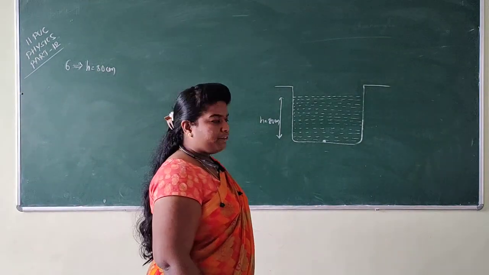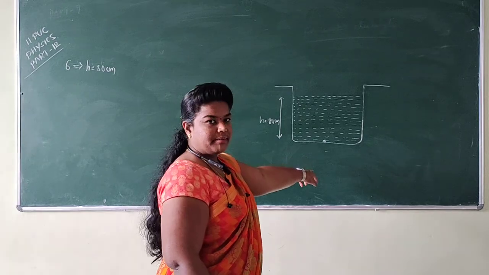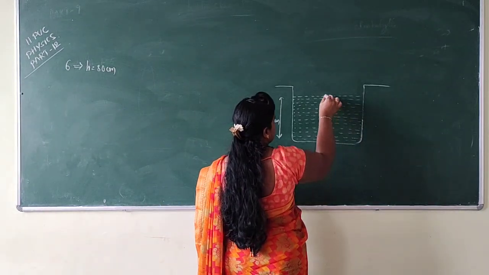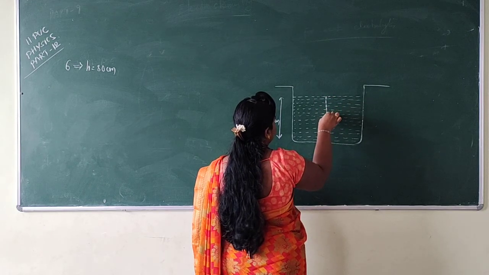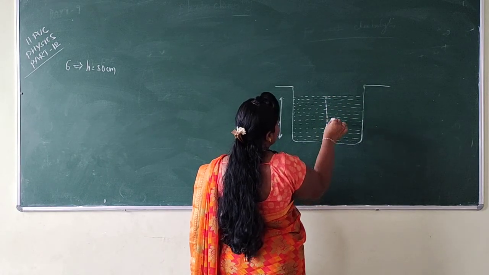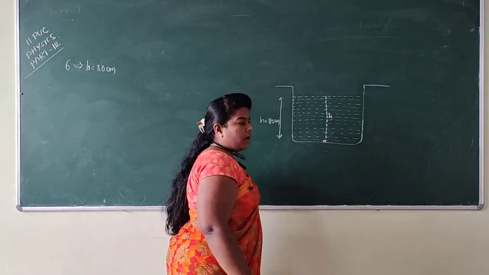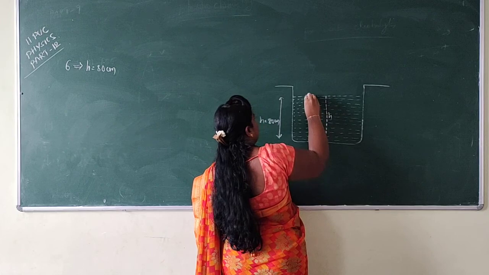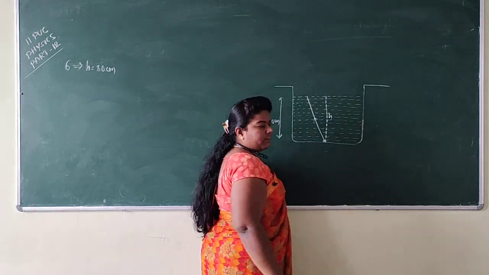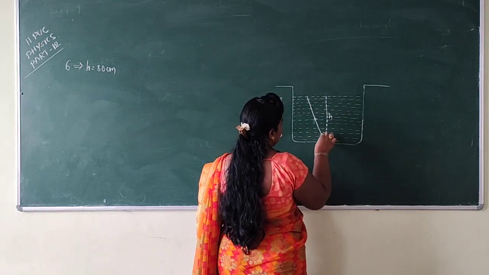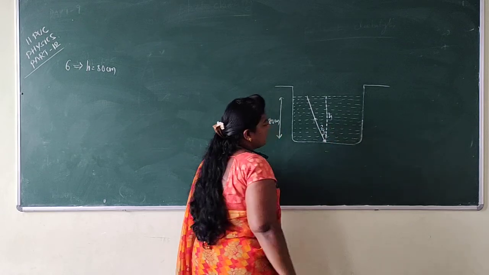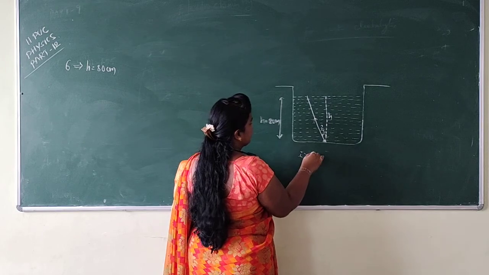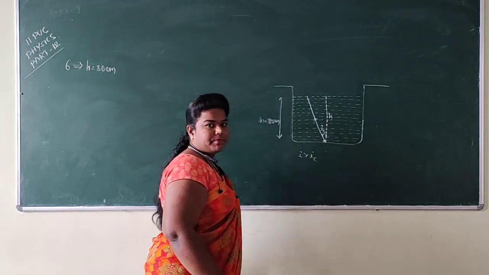Now observe it carefully. The point source is in the denser medium. I am going to draw a normal. The ray of light is going to travel from the denser medium to the rarer medium with an angle of incidence greater than the critical angle, say IC.